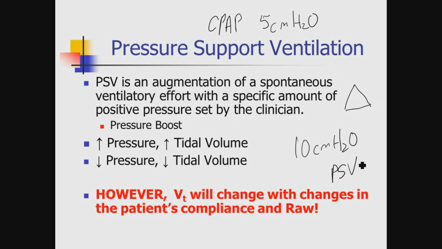So every time she spontaneously triggers, opens up the valve, the airways pressurize by 10 centimeters of water above my baseline of 5. So I'm starting out here at 5, and when she triggers the breath on, it pressurizes to 15. So my delta is 10. And then when she's done with the breath, it ends.